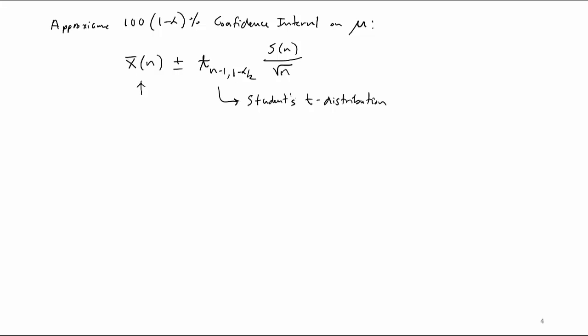And so as with the sample standard deviation, the t statistic value will converge to a number as n increases. So as the number of degrees of freedom increases, this t value just converges to a number.